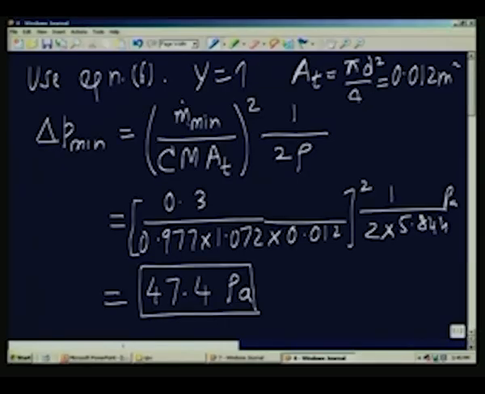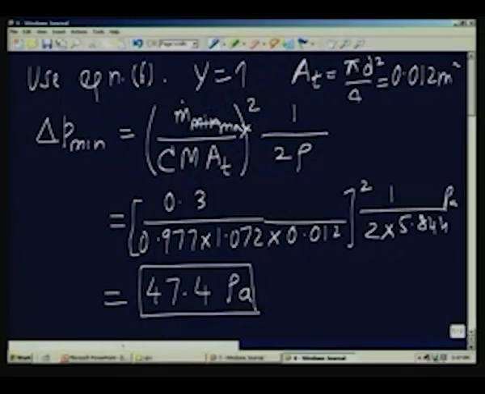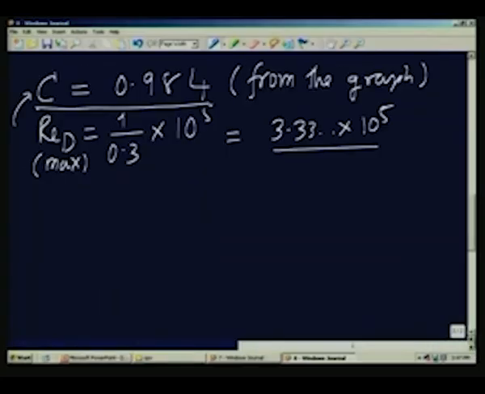Here I replace this by 1, so instead of minimum I replace it by maximum value, and C will be equal to 0.984, and the m dot maximum will be equal to 1 kg per second. So I substitute these values, and the value of delta P will be obtained.